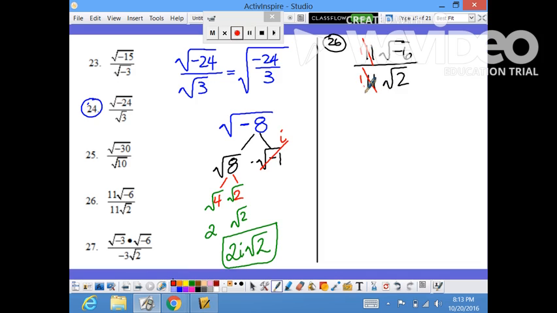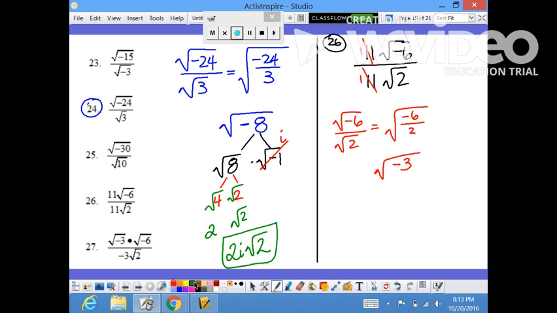So what I'm really looking at is the square root of negative 6 over the square root of 2. By the properties we covered before, we write this as a single fraction under the square root: the square root of negative 6 divided by 2. Can 2 go into negative 6 evenly? It sure can. That gives us the square root of negative 3.